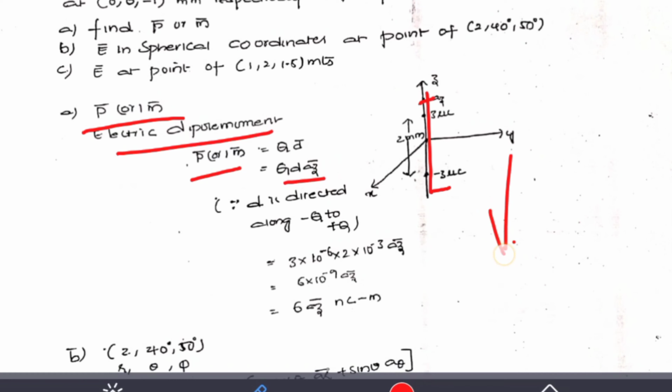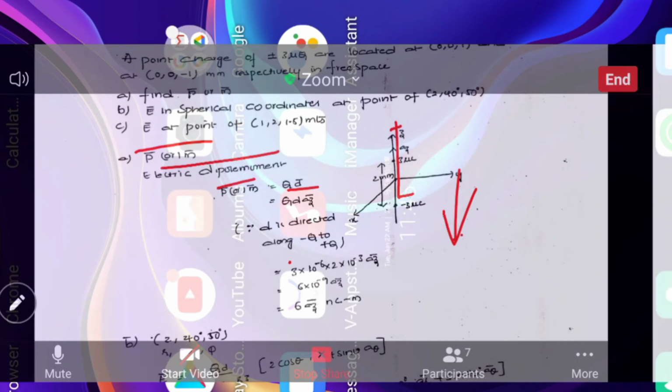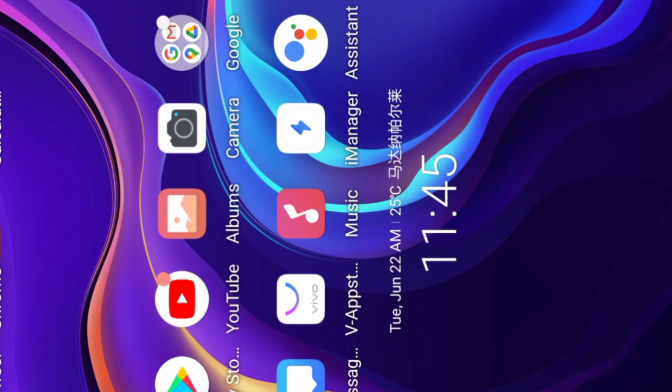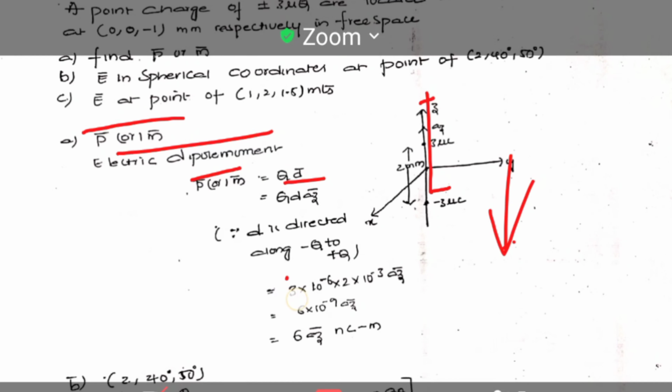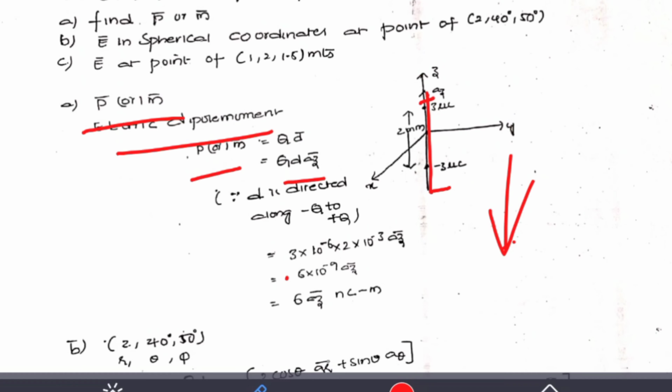D is directed from minus Q to plus Q. Any one of the charges we have to consider, that is 3 microcoulomb. Whether negative or positive charge is not required. Any one charge into distance is known as the dipole moment.